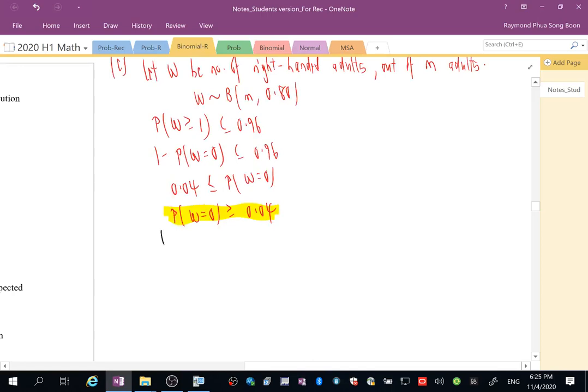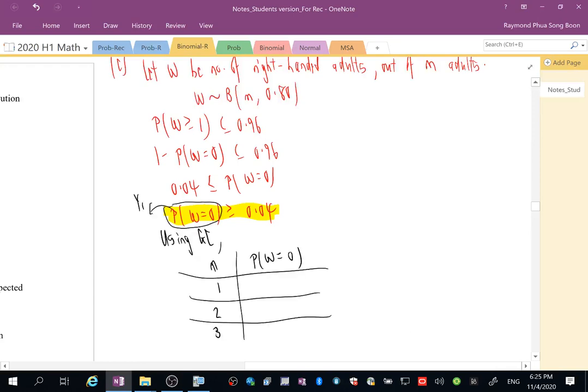So now again we will use GC. The left hand side we'll treat as Y1, and then we key into our GC and use GC table of values to display. The correct answer will be m equals to 2, so we'll copy one row above and one row below.